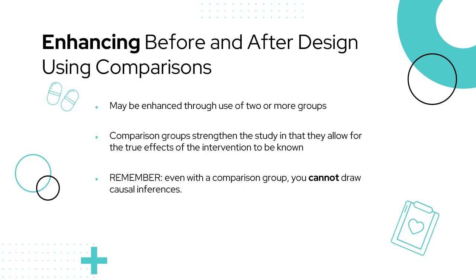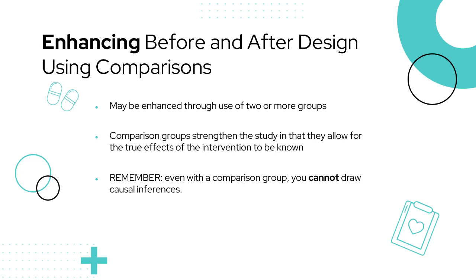However, just remember that even with these comparison groups, you still can't draw a causal inference. The reason for that is that we're not accounting for any other variable that comes in, right? So for example, as I roll out my study, participants can go home and actually start studying hand hygiene on their own, right?